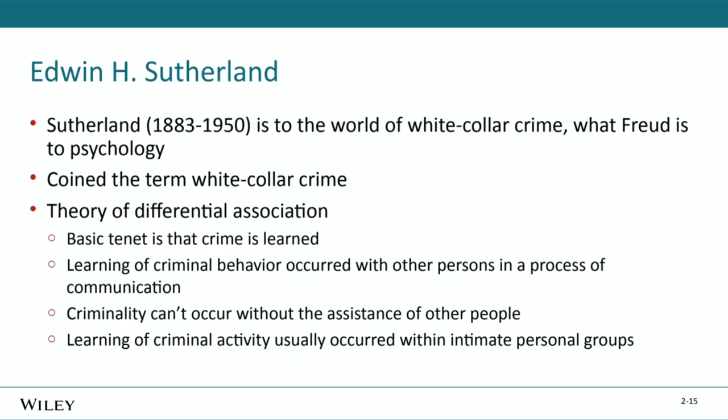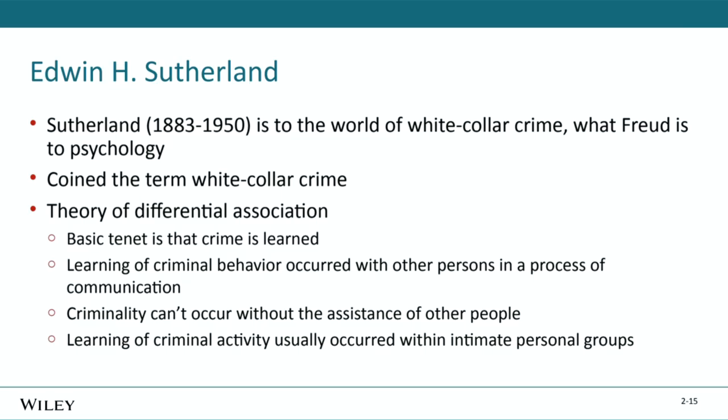He was the one who came up with the term white collar crime. He also developed the theory of differential association. The basic tenet is that crime is a learned behavior. Okay. And now look at when he was born, 1883.